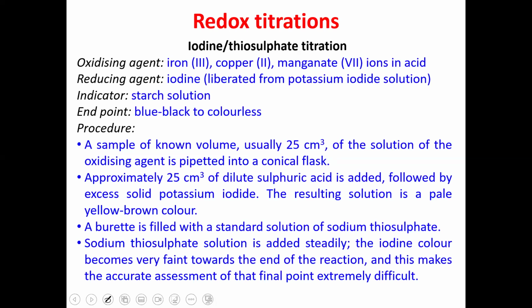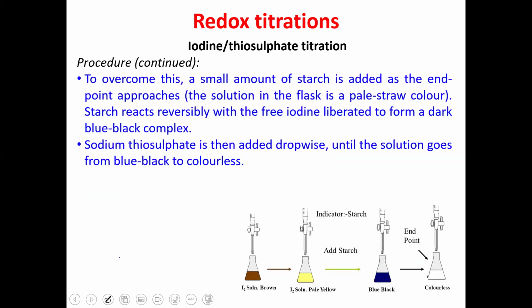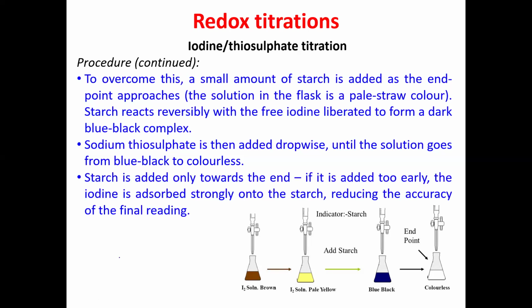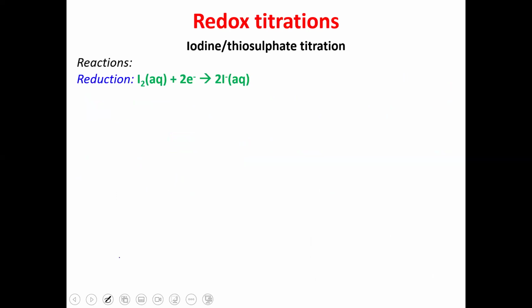Sodium thiosulfate is added steadily and the reaction with the iodine proceeds. When the reaction completes, the color changes. And what is the main idea? Sodium thiosulfate is added dropwise until the solution goes from blue-black to colorless. This is the titration which was discussed in earlier classes also.